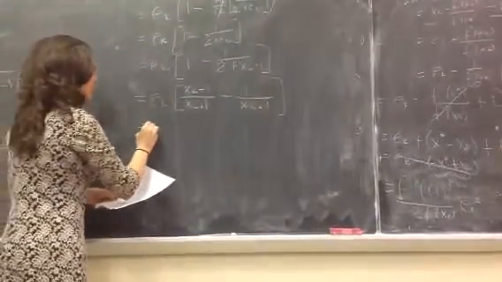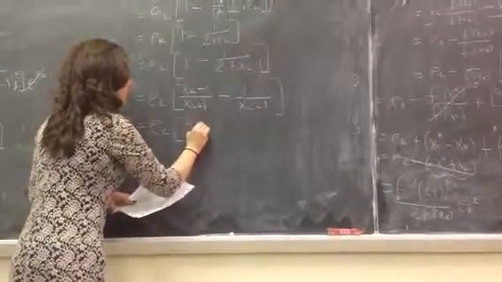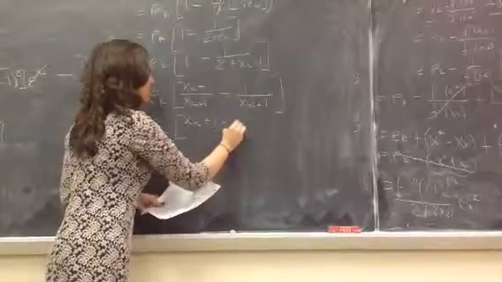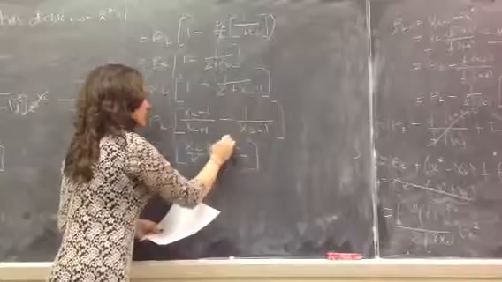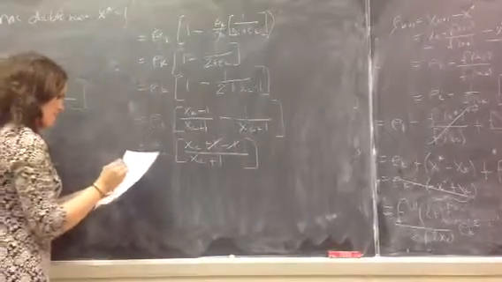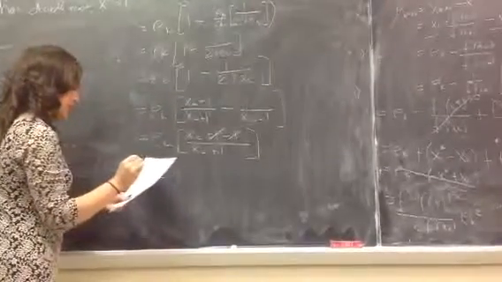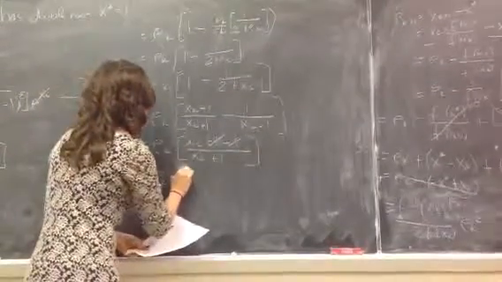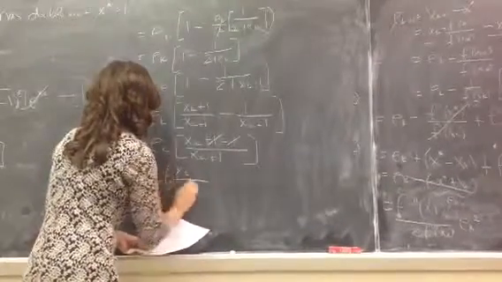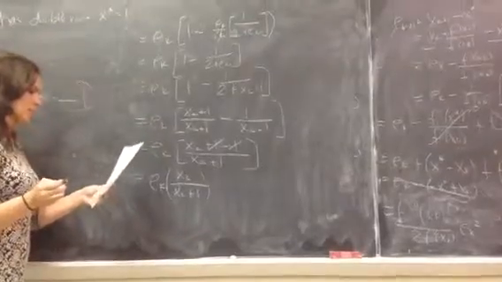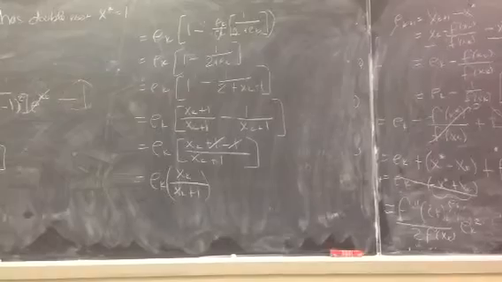Now I can subtract my numerators, and I've got (x_k plus 1 minus 1) all over (x_k plus 1). So now my 1's cancel. I'm left with e_k times x_k over (x_k plus 1). So that's what we arrive at.